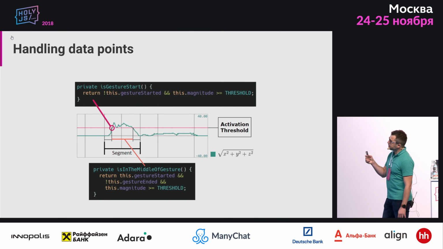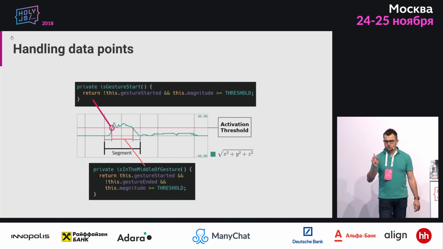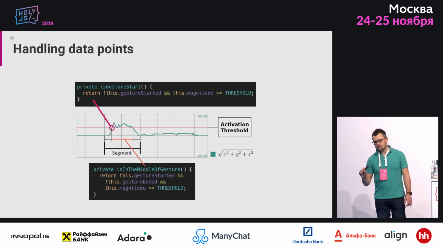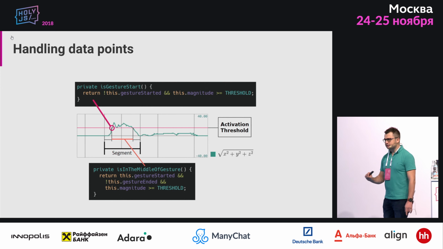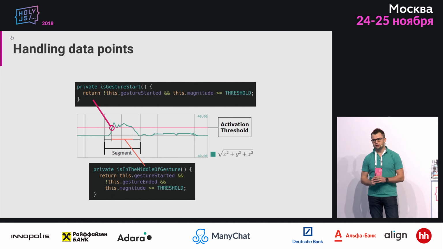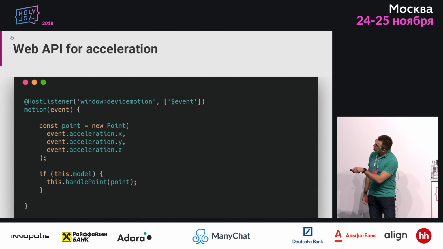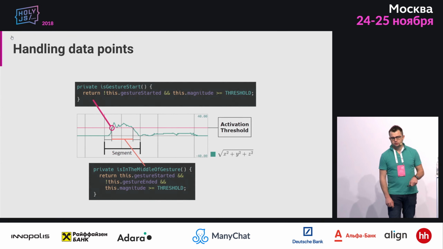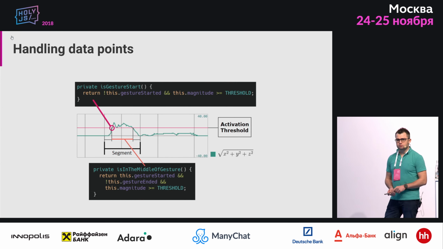So I was asking every single point, hey, is the gesture starting? Is it in the middle of the gesture? I was comparing some magnitude, some flags, and then I was able to extract the particular segment, right? Every call to handle point was checking what this part of the segment could be: the middle or the end.